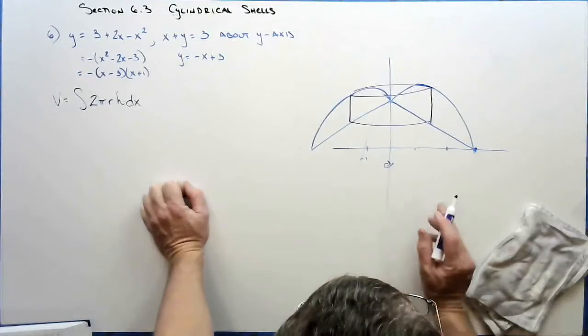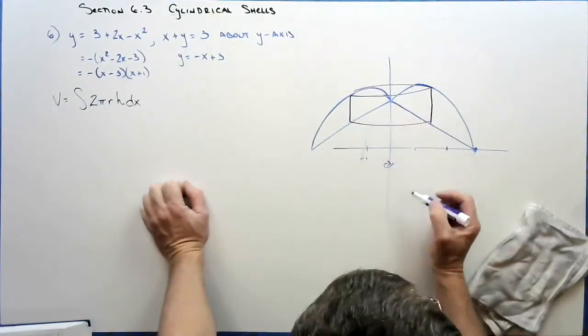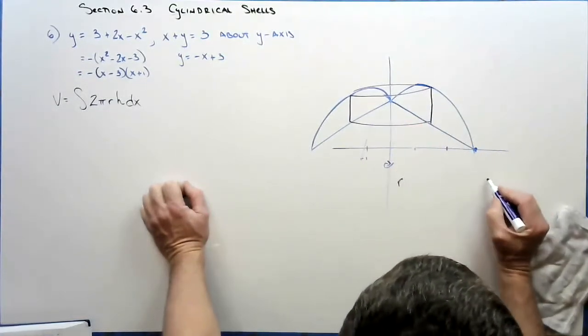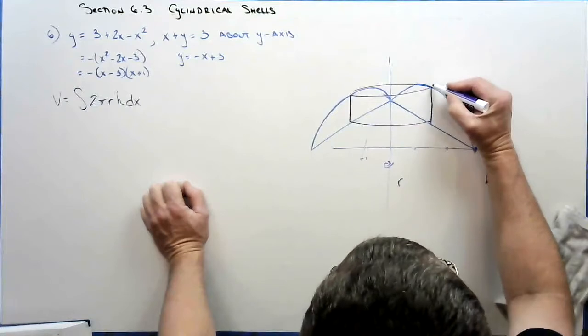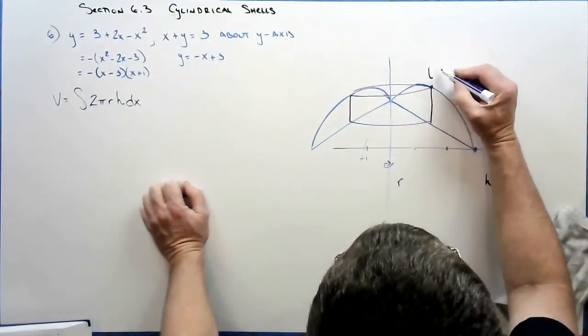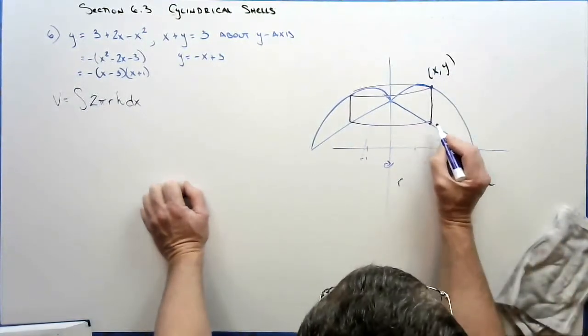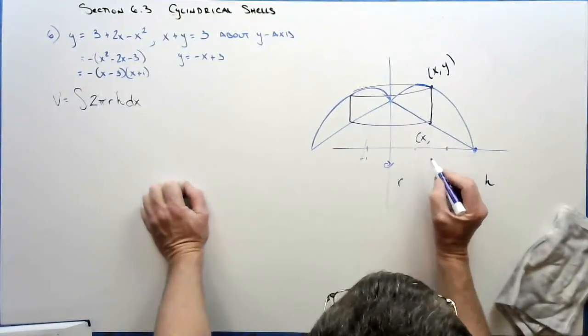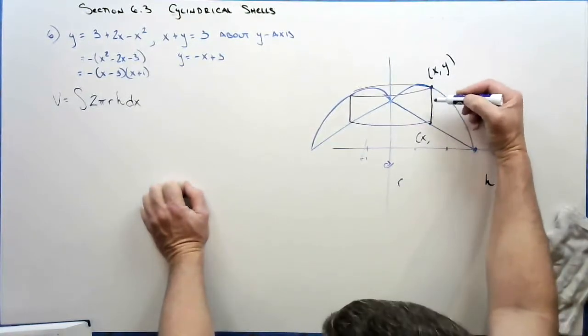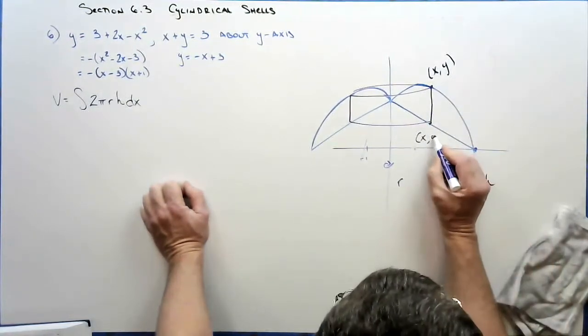Now, when we look at this, we have to find the radius and we have to find the height. Remember, the way we do this is we label this point x, y. This point here is also x, because that's a vertical line. Those are the same x coordinates, but this is a different y.